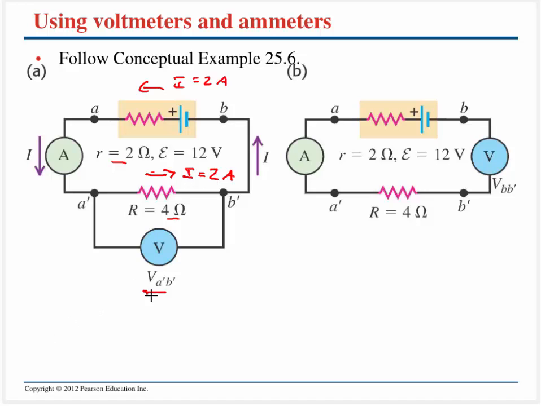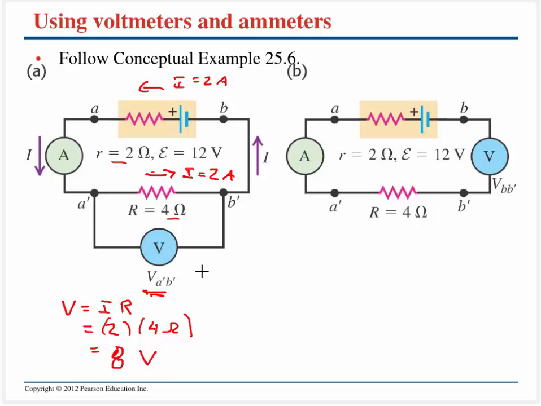We can apply Ohm's Law for this voltmeter and say voltage is equal to current times resistance. And so the current must be 2 amps. The resistance is now 4 ohms. So the voltage here must be equal to 8 volts.